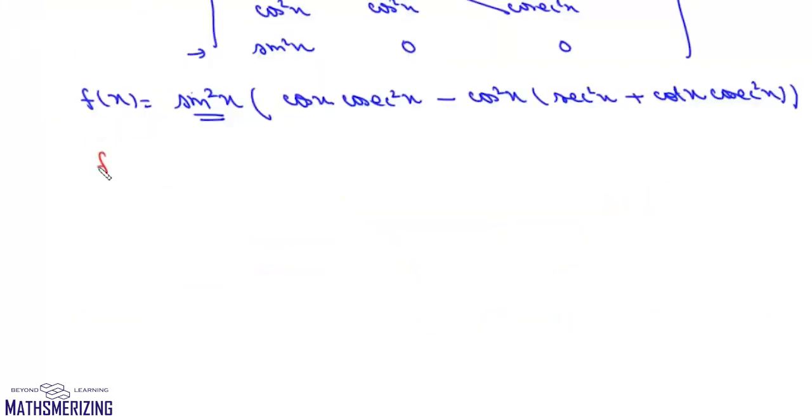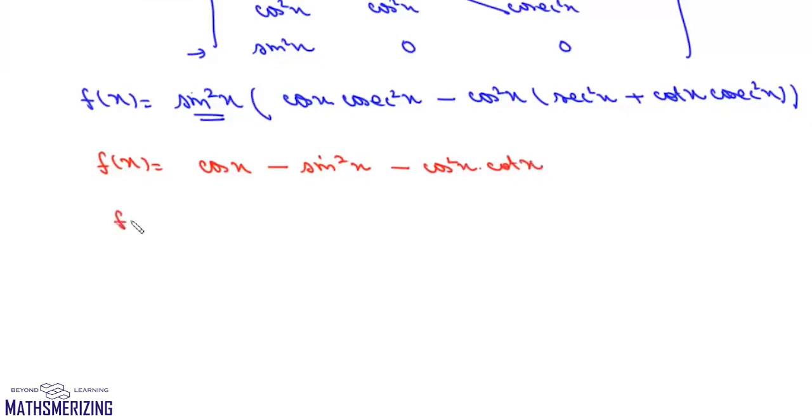Now we can write this function f(x) as cos x minus sin square x, and then minus cos square x into cot x.